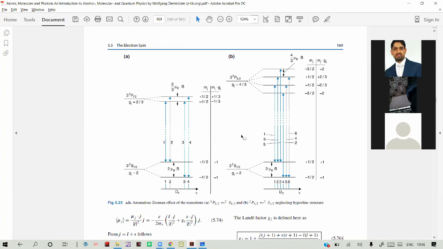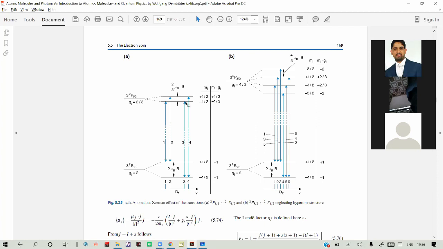And if you see the possible transitions, the selection rules are delta L equal to plus or minus 1, delta J equal to 0, plus or minus 1. These are dipole transitions, so those selection rules remain valid. And J equal to 0 to J dash equal to 0 is not allowed in these dipole transitions. Similarly, these splittings can be calculated.